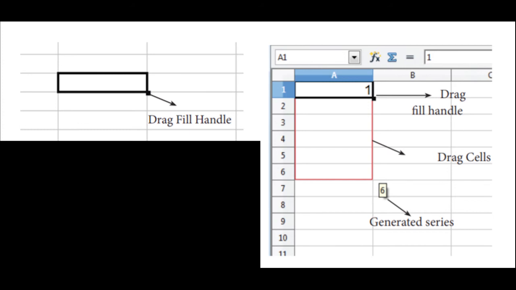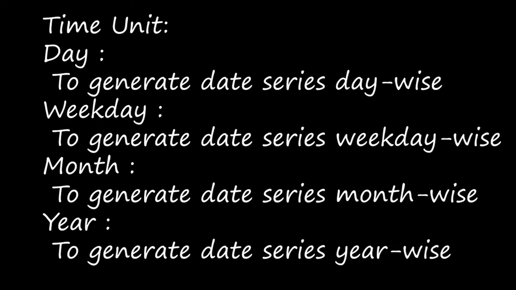That is autofill series. Generating a series using commands means you can create the series, as I told. With a regular interval, if you have typed 10 20 30 and drag it, it will fill 30 40 50 likewise in that same interval. Time unit is to generate a date series, day wise.